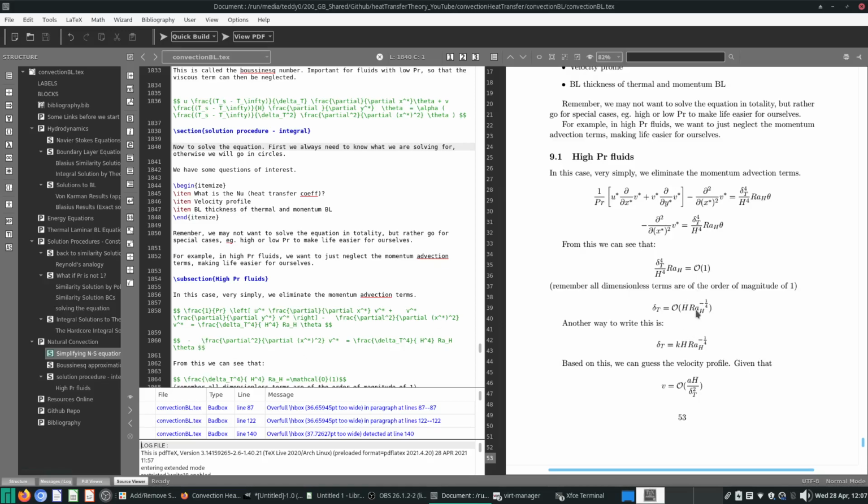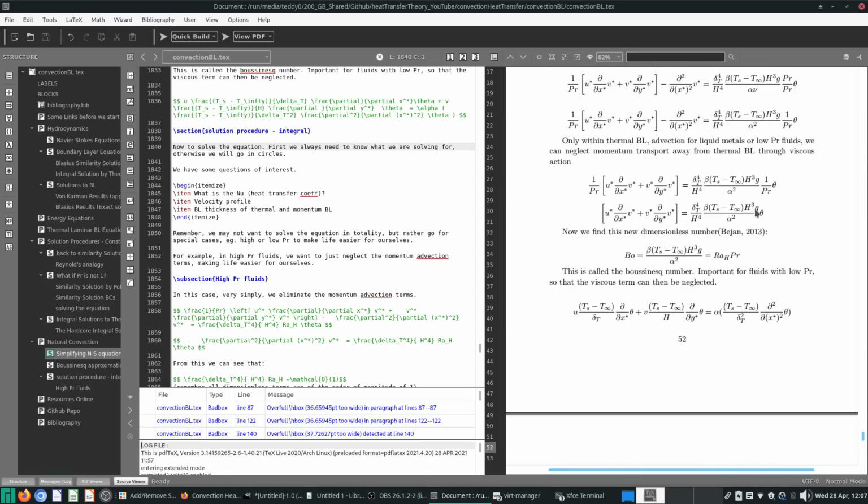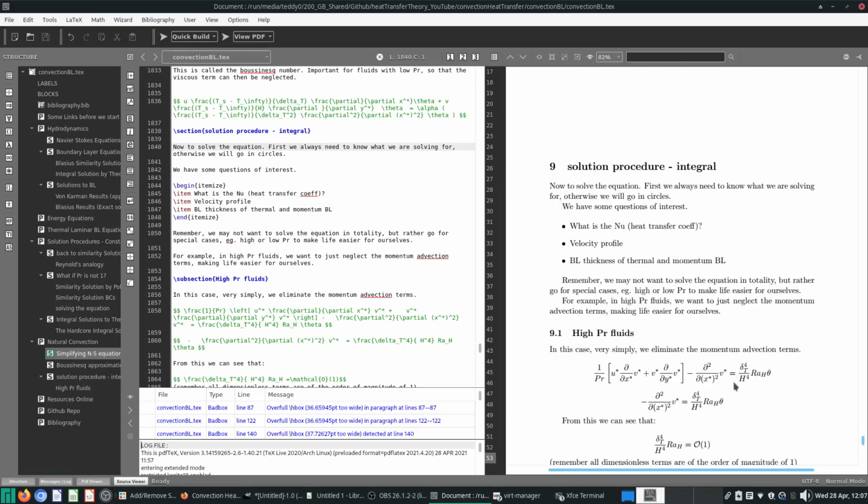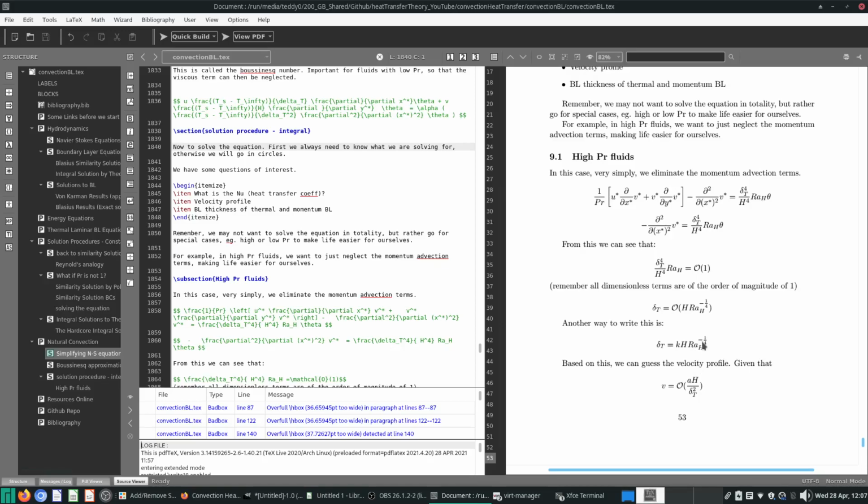Remember, the Rayleigh number is actually dependent on H as well. In fact, there's an H cubed power over here, so if you take it to the power 1 over 4, it will be 3 over 4. So there will be H to the power of minus 3 over 4 here, and then H to the power of 1.